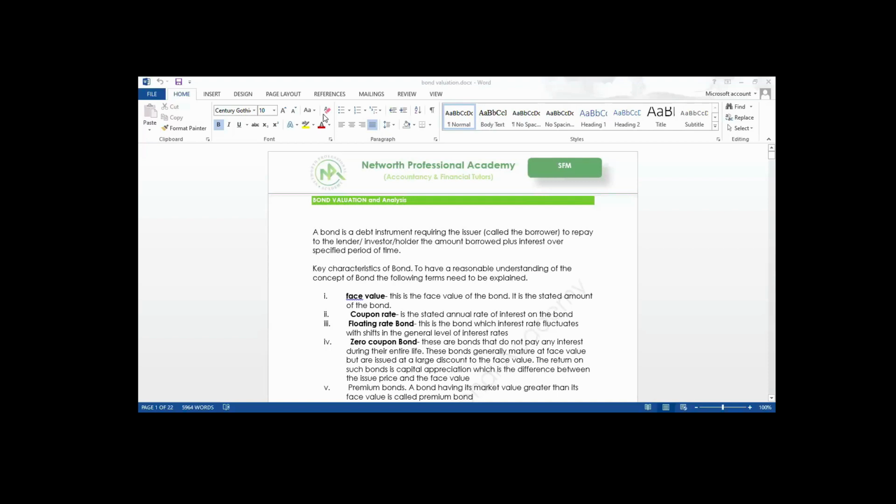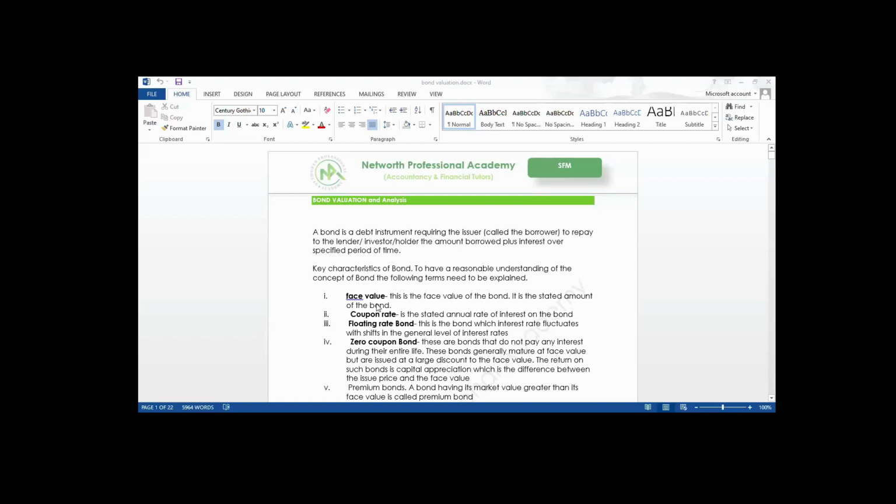The borrower is the issuer, while the investors are the lenders. The instrument requires the borrower to repay the lender the amount borrowed plus the interest elements.